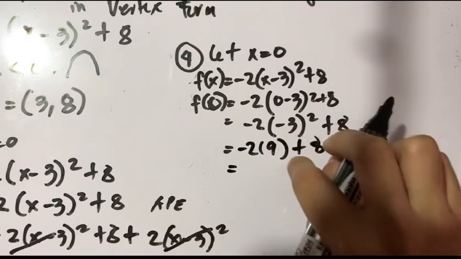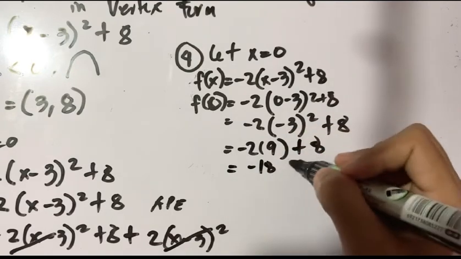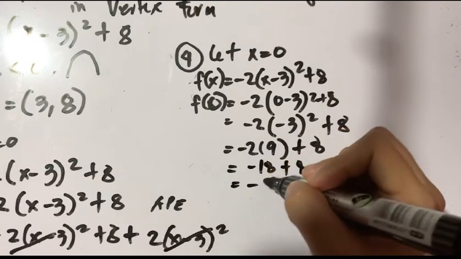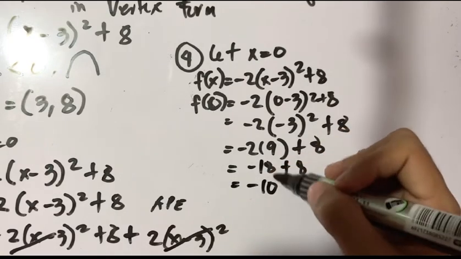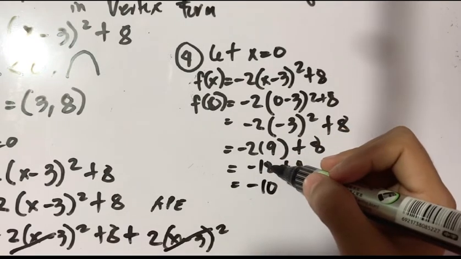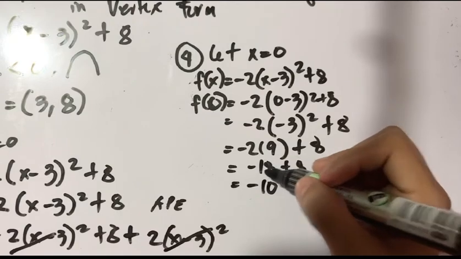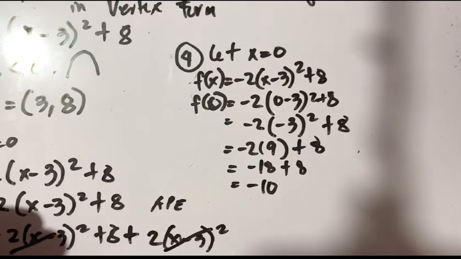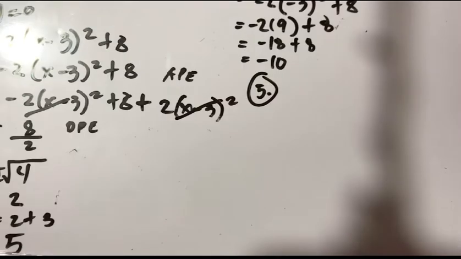So, negative 2 times 9, that's negative 18 plus 8. We have negative 10, since the negative sign has the bigger value. It is like you owe 18 and you paid 8, so you still owe 10. We already have our vertex and the x and y intercepts.